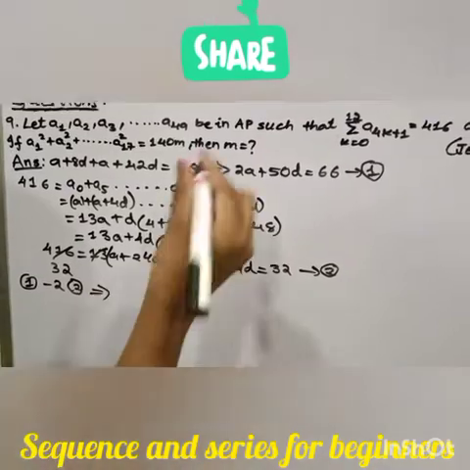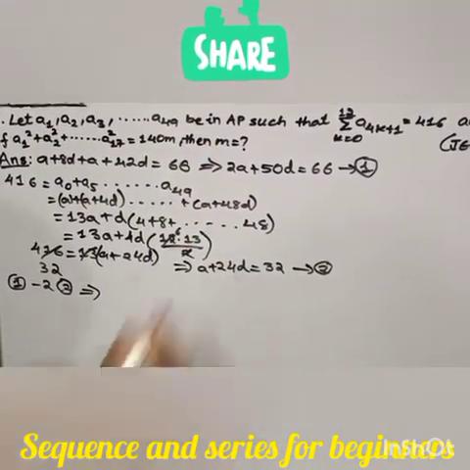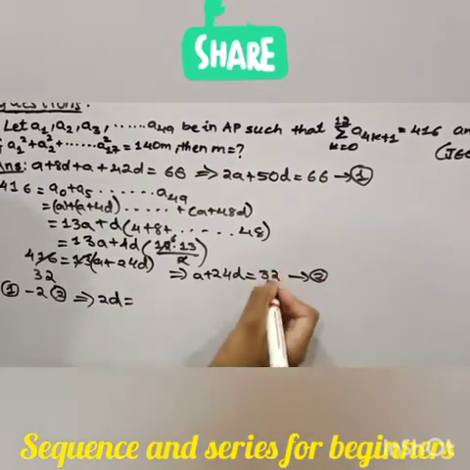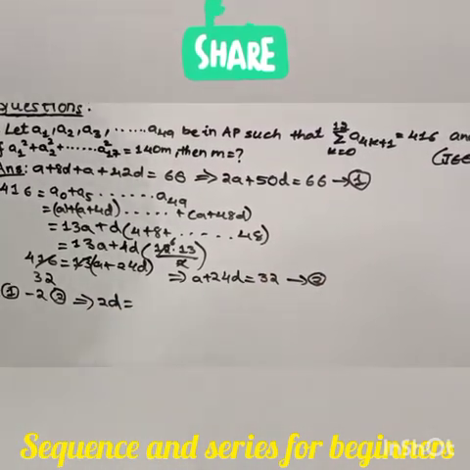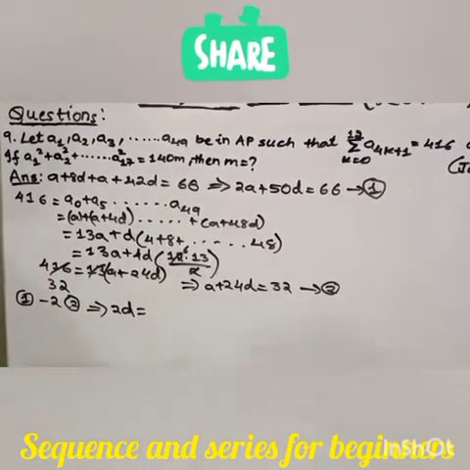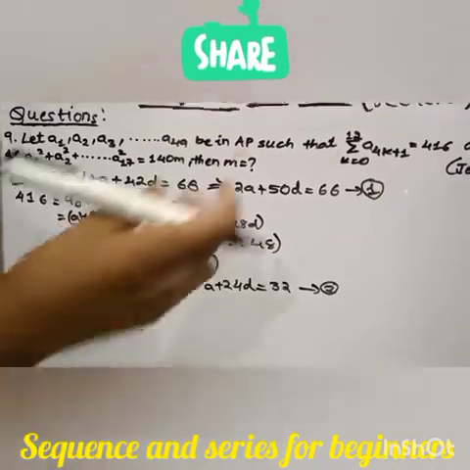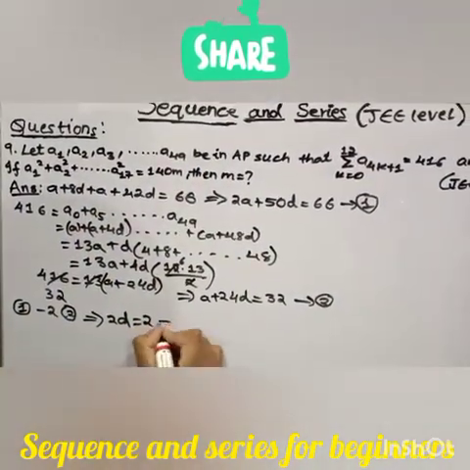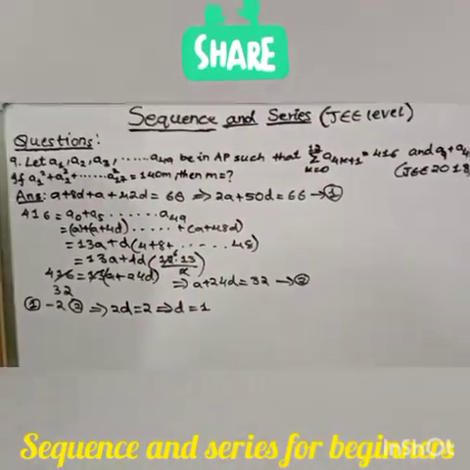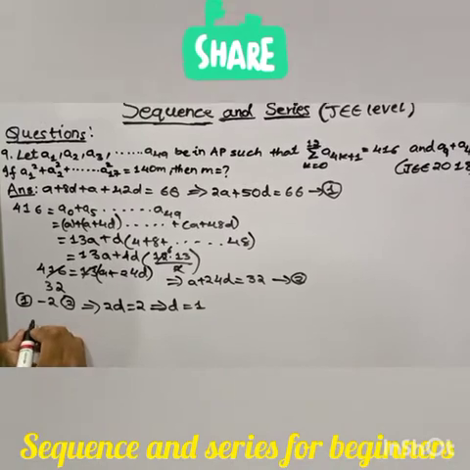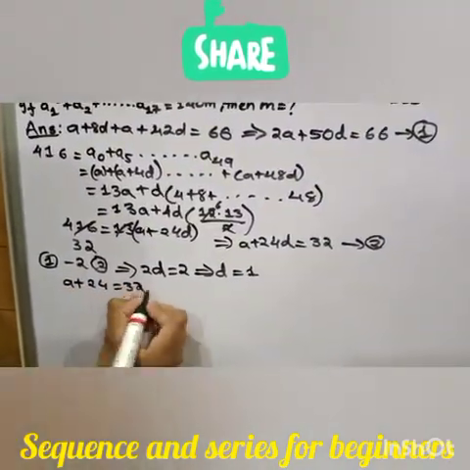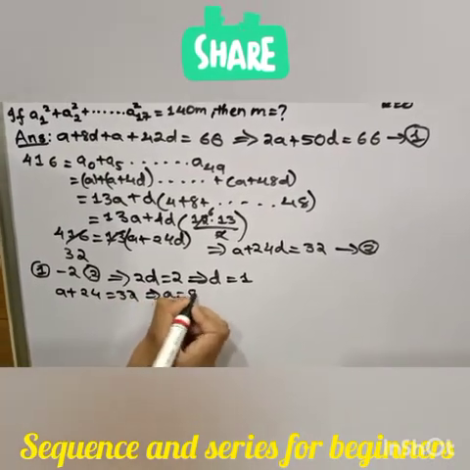This implies 2a minus 2a gets cancelled. 50d minus 48d is 2d. 32 times 2 is 64, so we get 2. So finally we got d equal to 1. Let's substitute in this equation. So this is going to be a plus 24 is equal to 32. This implies a is equal to 8.